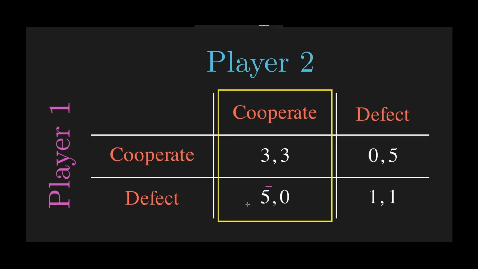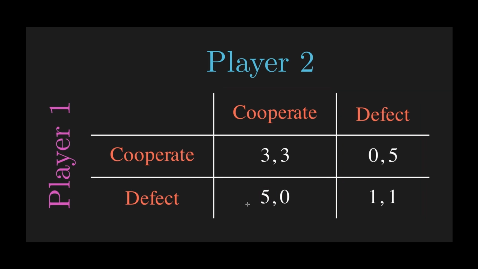So let's say player 2 chooses to cooperate. What should player 1 do in this case? Well, if player 2 is cooperating, player 1 is given the choice between cooperating and getting a payoff of 3 or defecting and getting a payoff of 5.